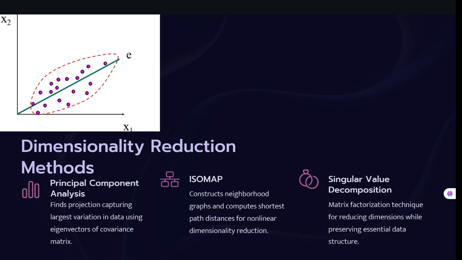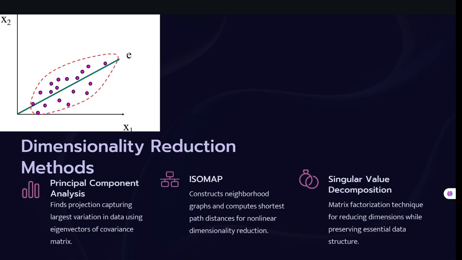Also Isomap, which constructs a neighborhood graph and computes shortest path distances for nonlinear dimensionality reduction. And also we have singular value decomposition, so like matrix factorization techniques for reducing dimensionality while preserving essential data structures.